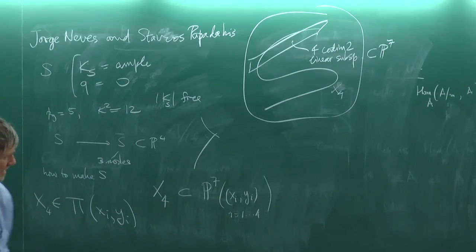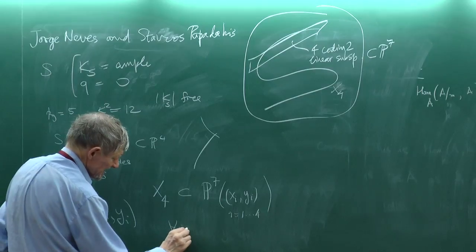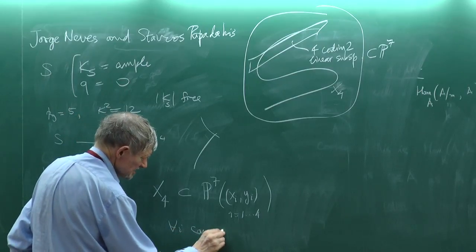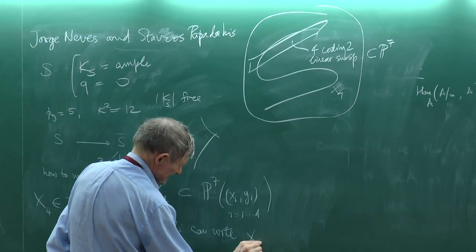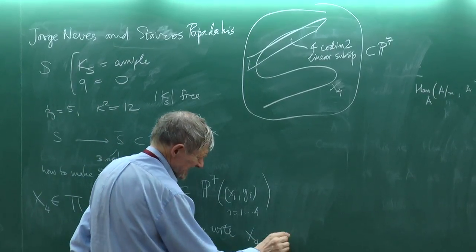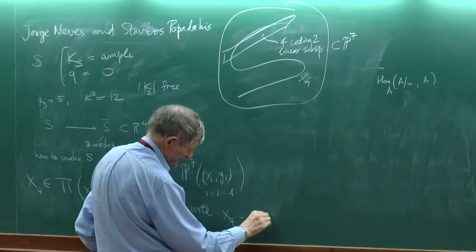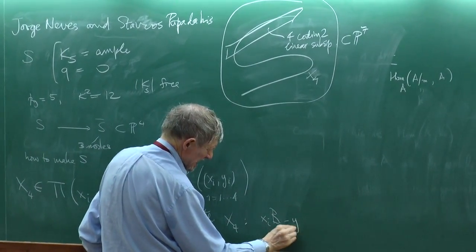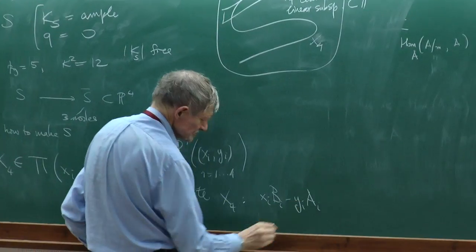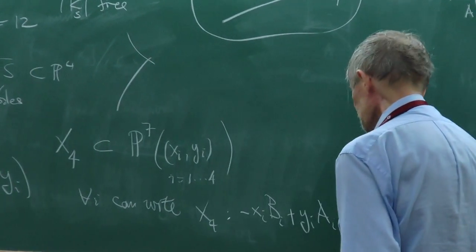Question? Because of this xi, yi, for any i I can write the equation: xi times, let me continue the little game I was doing before, bi minus yi times ai, equals 0.